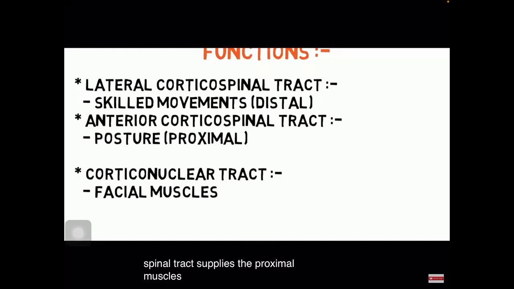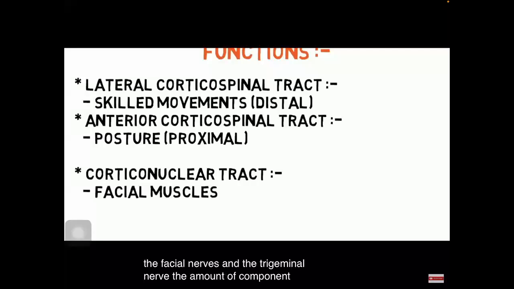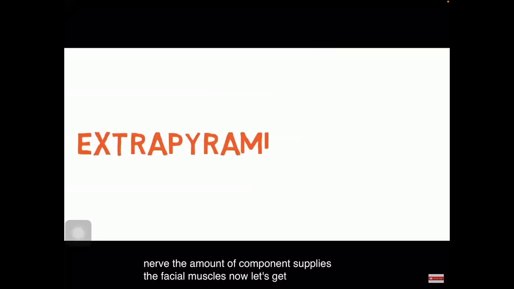And the anterior corticospinal tract supplies the proximal muscles such as the muscles of thighs and arms. So if your anterior corticospinal tract is affected, it most commonly affects your posture. It will be difficult for walking, running and standing straight. The corticonuclear tract, as we told, is involved with the facial nerve and the trigeminal nerve. Their motor component supplies the facial muscles.